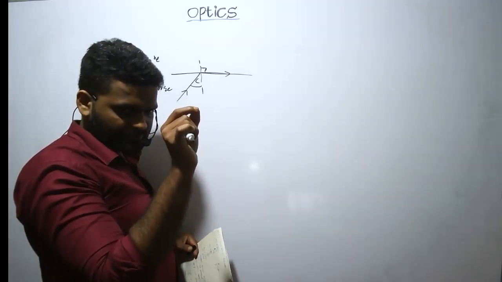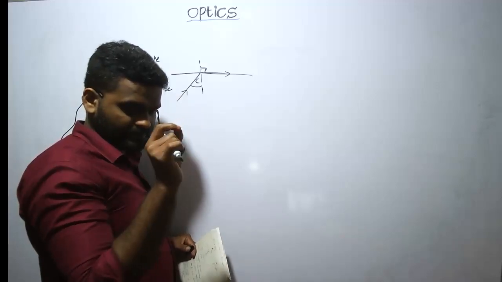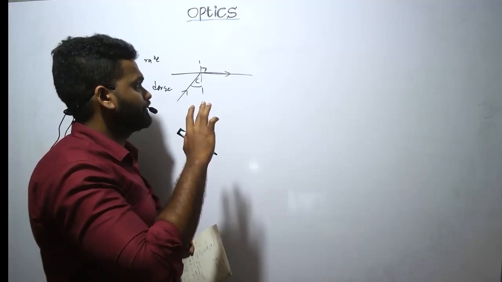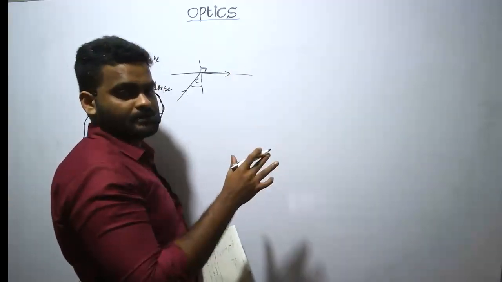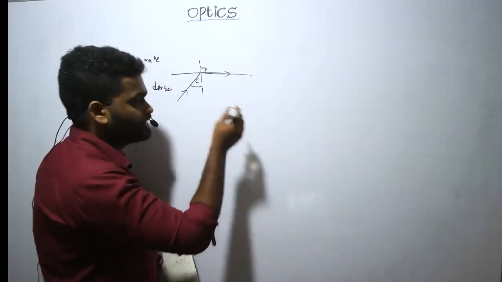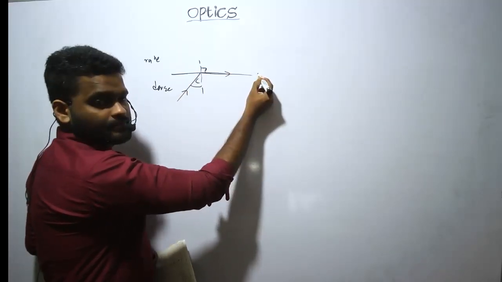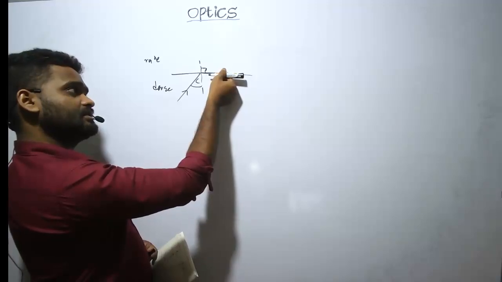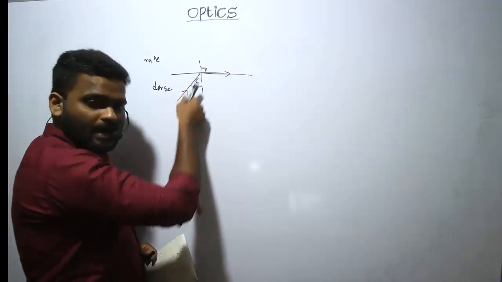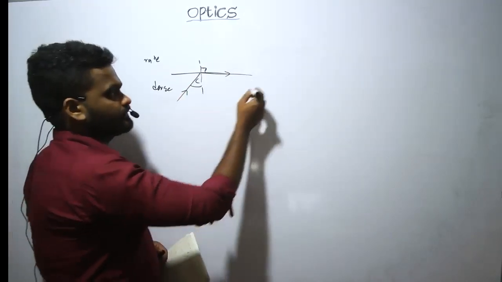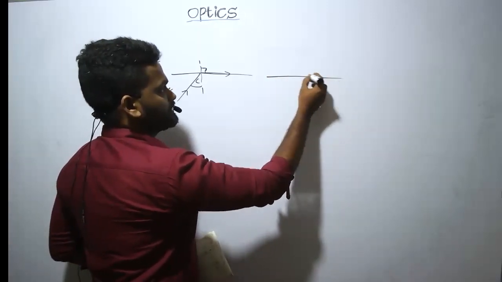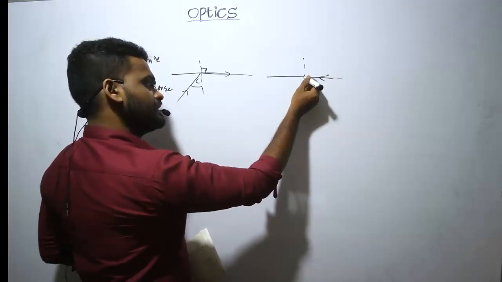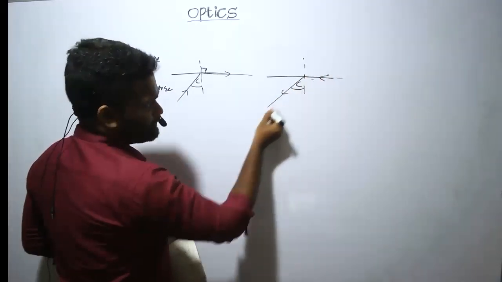Underline reversibility of light, right? In the sentence, reversibility of light. This will be useful for the remaining parts as well. Reversibility means, let's say now the ray is sent like this. If you send the light ray in the opposite direction, then it will follow the same path, right?